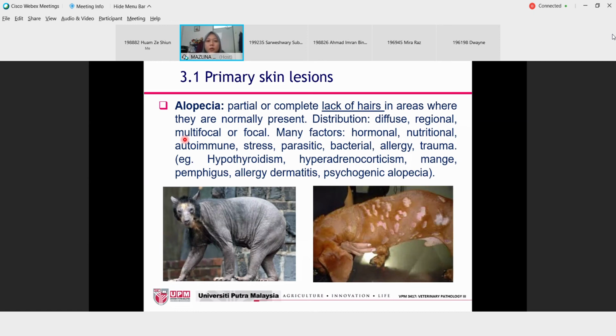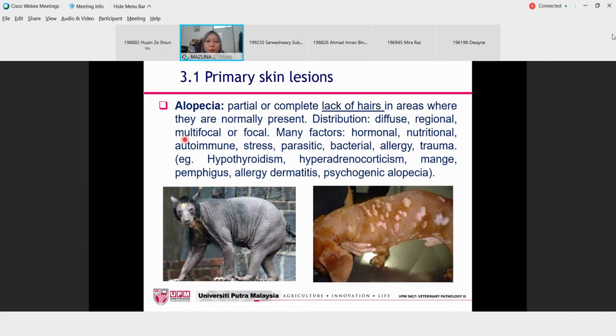Many factors can lead to alopecia, for example, hormonal like hypothyroidism, or nutritional, okay, you see dogs or cats with not enough nutrition, usually the hair won't grow very nicely, or they don't have much hair. Autoimmune disease can also lead to alopecia.